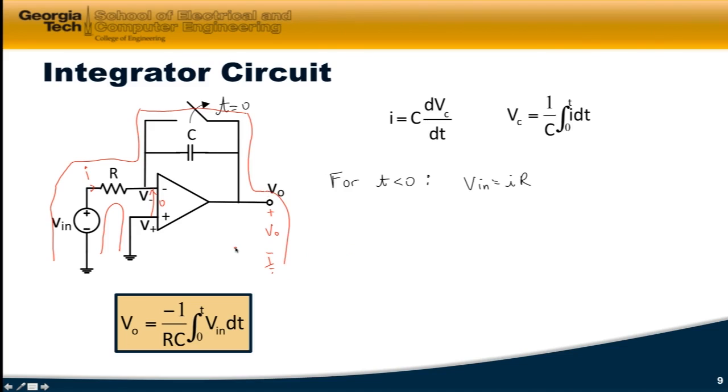And if I do that loop, I get minus Vn plus IR plus V0 is equal to 0. Well, since Vn is equal to IR, these two cancel, and I'm left with V0 is equal to 0.